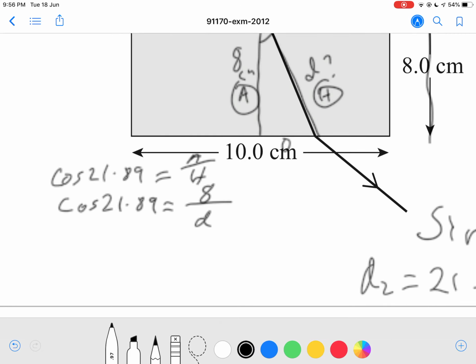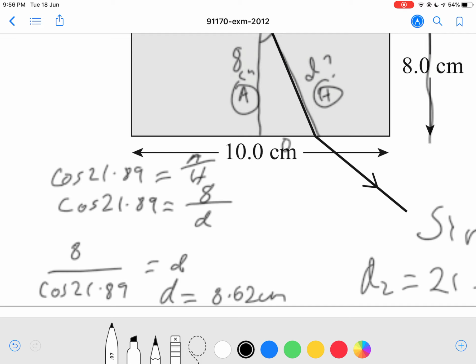Therefore, our distance will be achieved by doing 8 divided by cos 21.89, which will give us our D. We plug this into our calculator: 8 divided by cos 21.89. And that should give you the distance to be 8.62 centimeters.